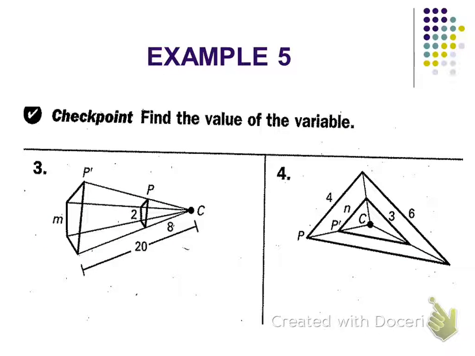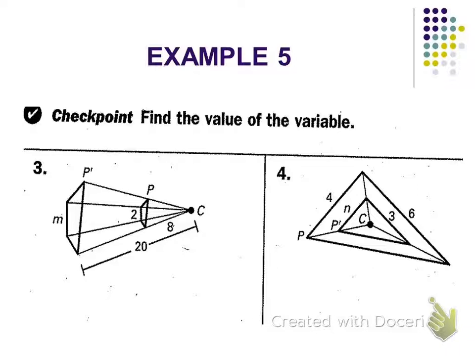All right, on these last two, we have to find the value of the variable. So let's first work on setting up our proportions. We know we need the scale factor. We have the scale factor by comparing CP prime. So what's CP prime? C to P prime. Oh, sorry, they didn't label the P prime.